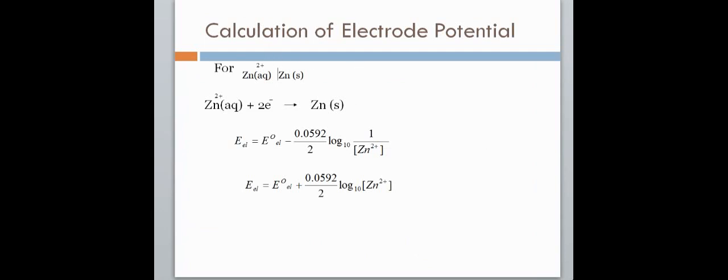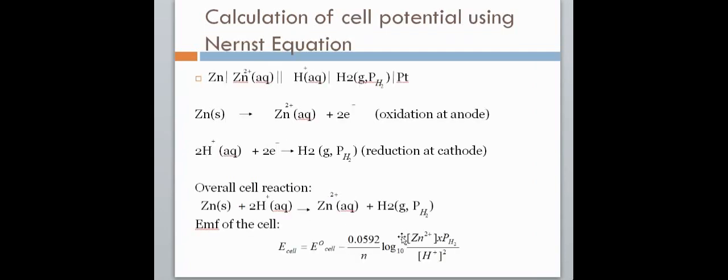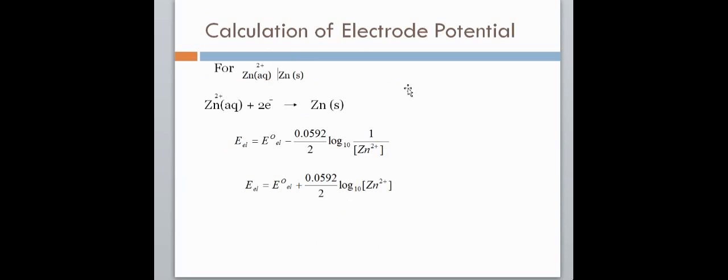So using something like this, I should be able to calculate the cell potential. Now how do I calculate electrode potential? Electrode potential is specific for a single half cell, isn't it? One container which contains zinc and a zinc solution. When I have something like this, suppose if Zn2 plus is on the left hand side and solid on the right hand side, this means I'm talking about reduction at the cathode.